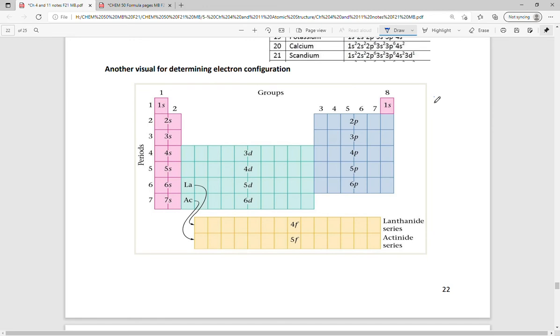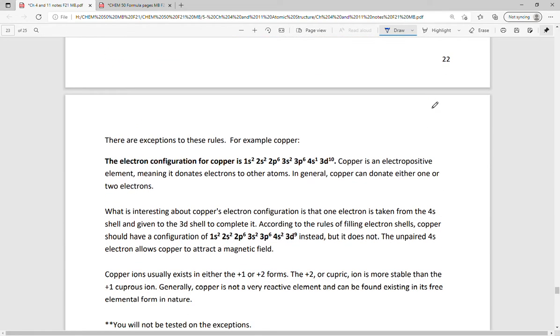The periodic table has this hidden structure within it, and this was figured out after the arrangement of the periodic table, and so it shows the filling of the electron orbitals as you work through. You can see here how the lanthanides and actinides have to be fit in that order of filling. So let's try some of these, and I think it's something you have to do to get the hang of it.